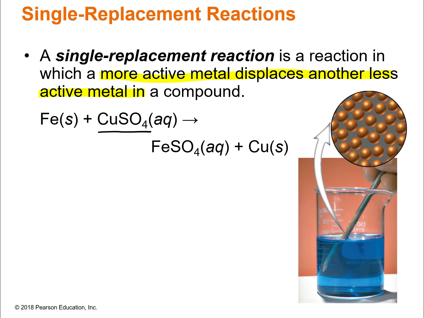It's aqueous. We then add some solid iron, and that's what this rod is here. This is solid iron. This pretty blue is the copper 2 sulfate. I told you chemistry is beautiful.